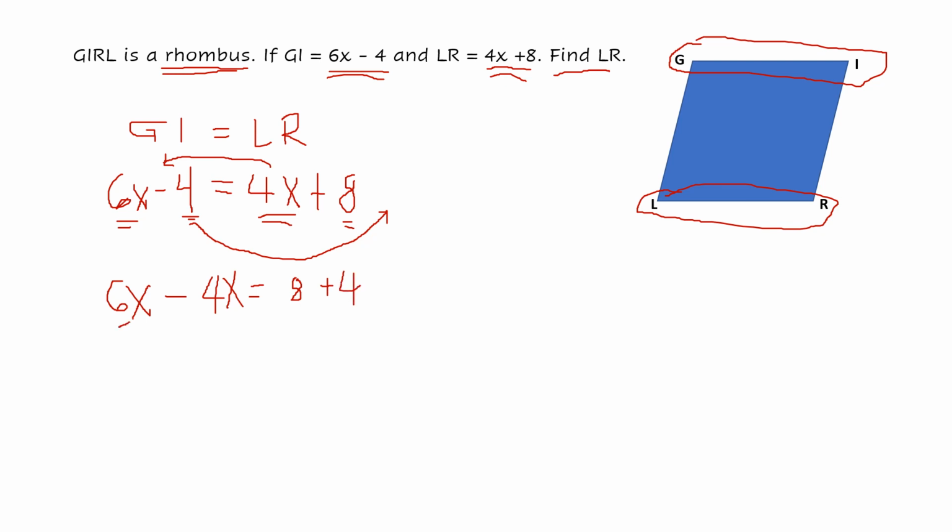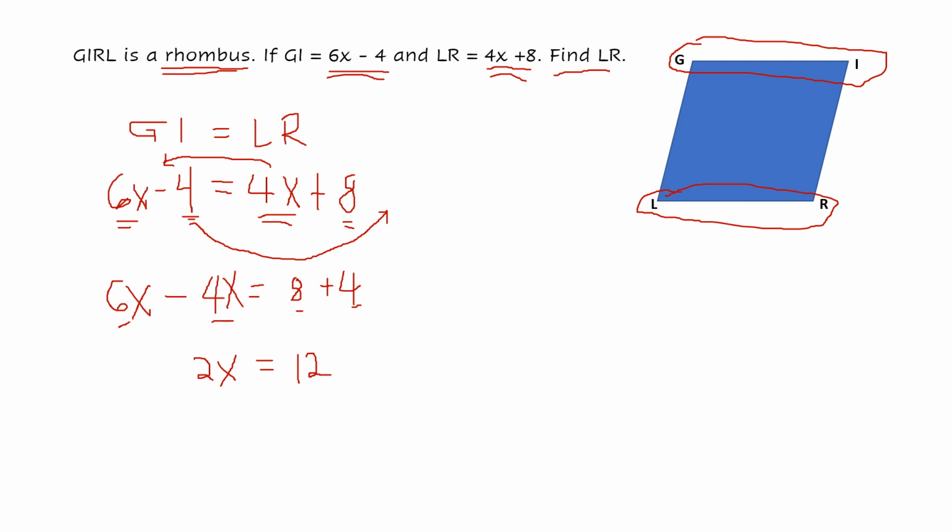So we have 6x minus 4x, which is equivalent now to 2x. And 8 plus 4 is 12.